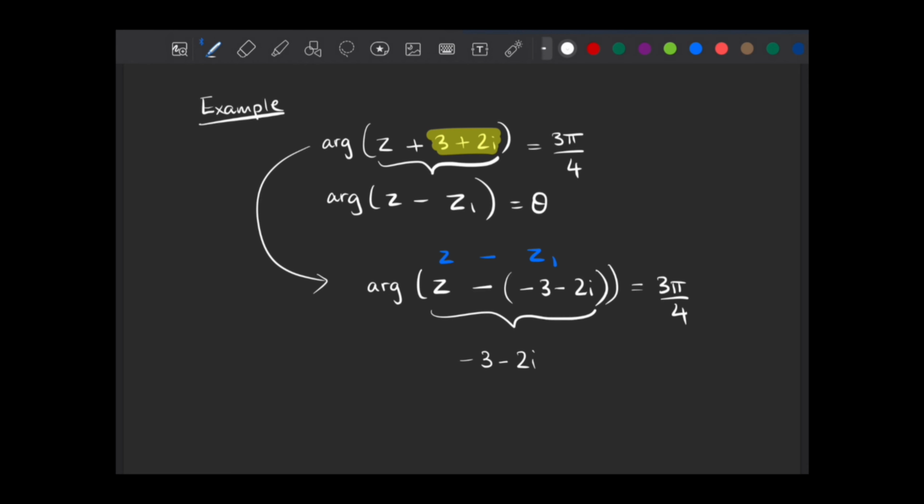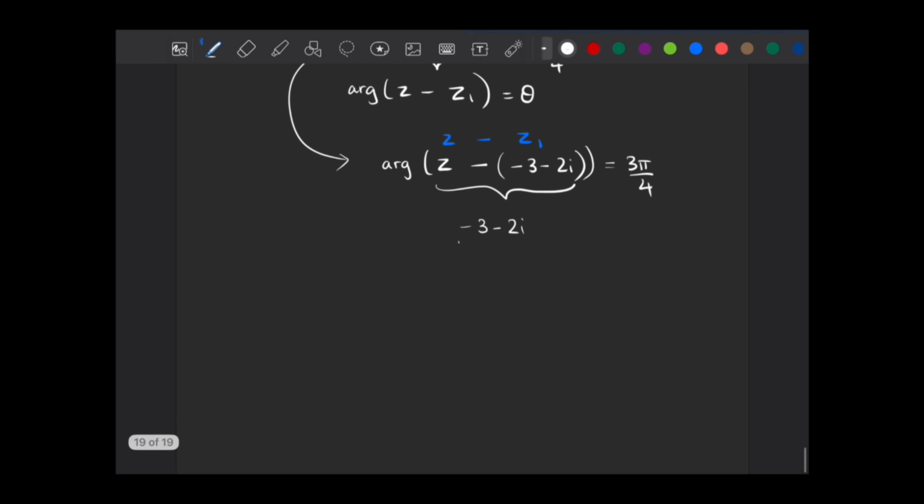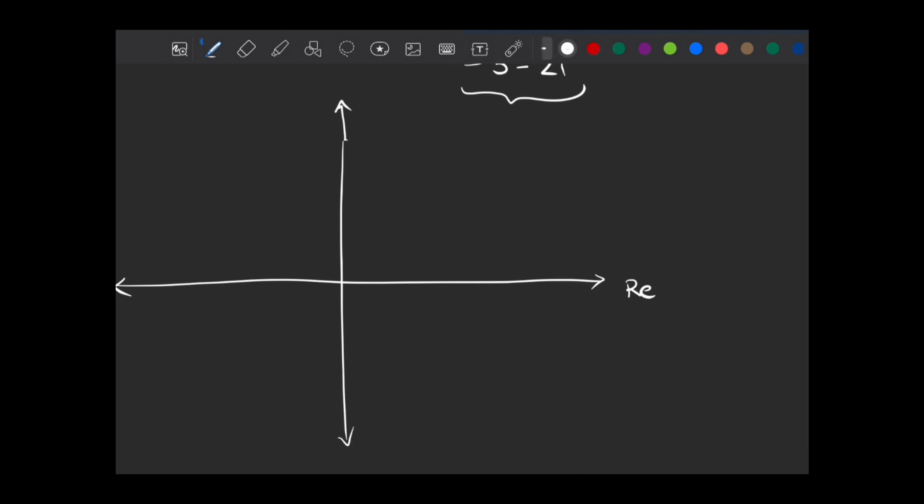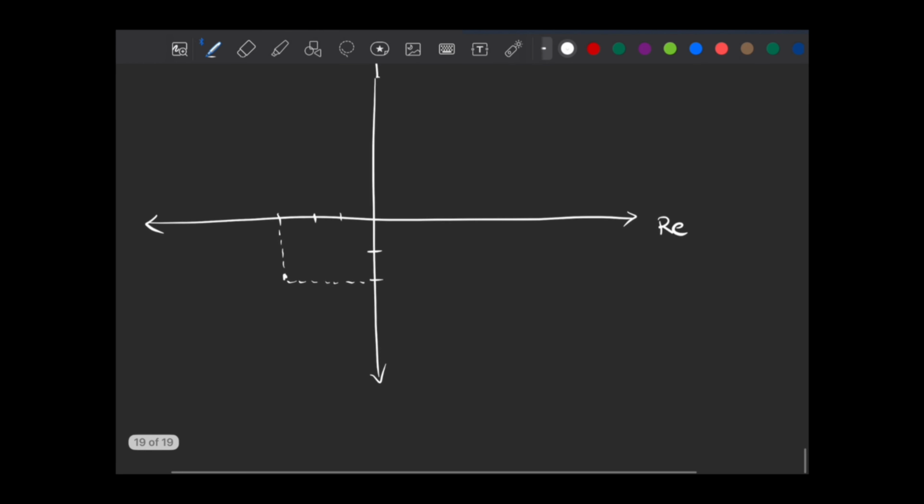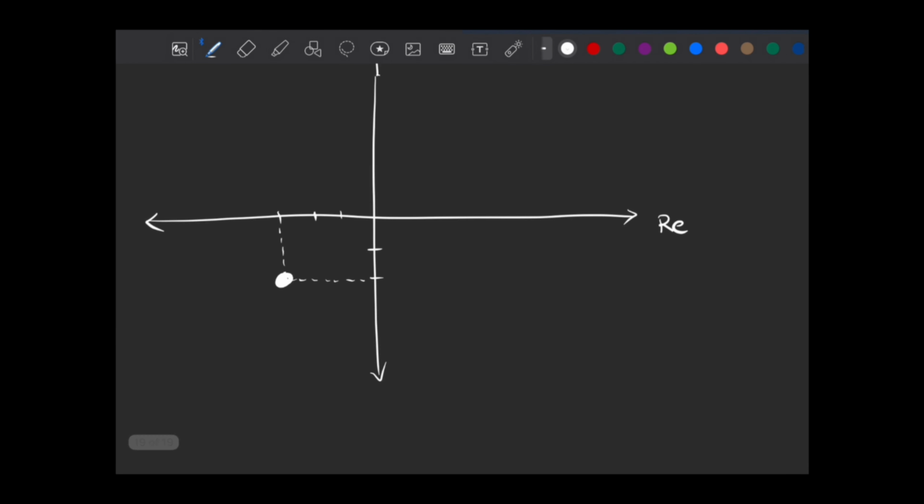So let's plot z1, minus 3 minus 2i, on the diagram. I've got negative 3 units along the real axis and minus 2i units on the imaginary axis, so my complex number is here.